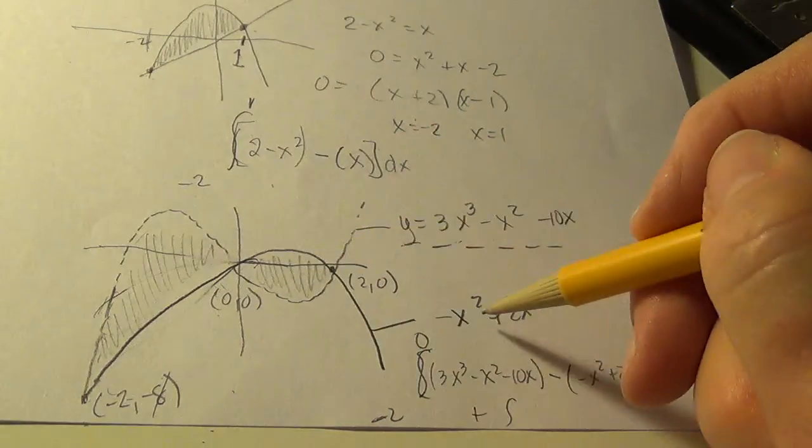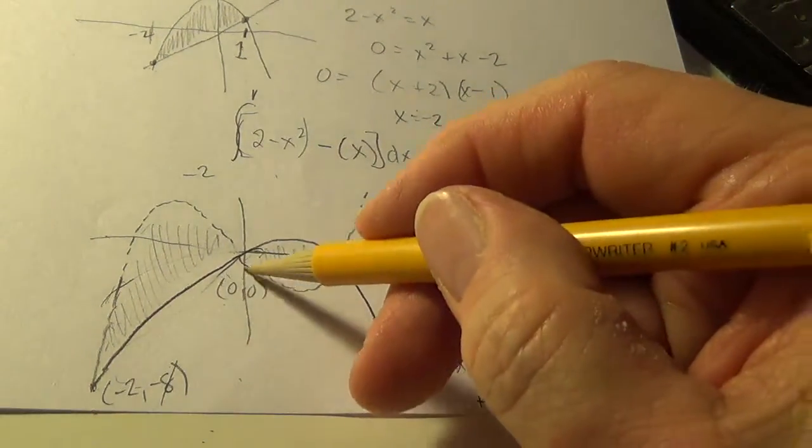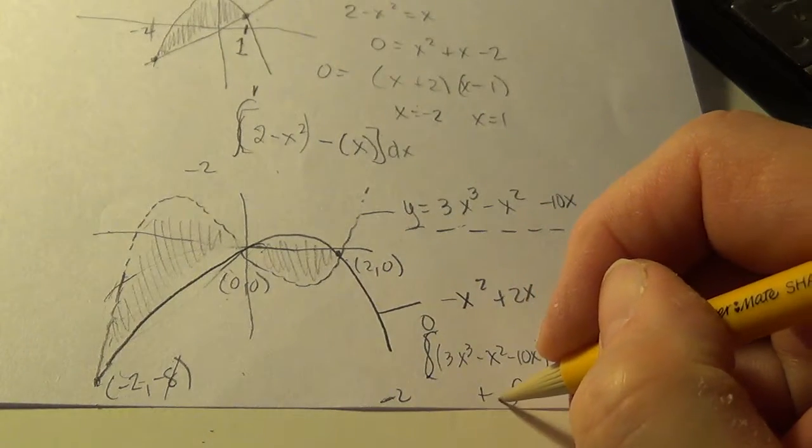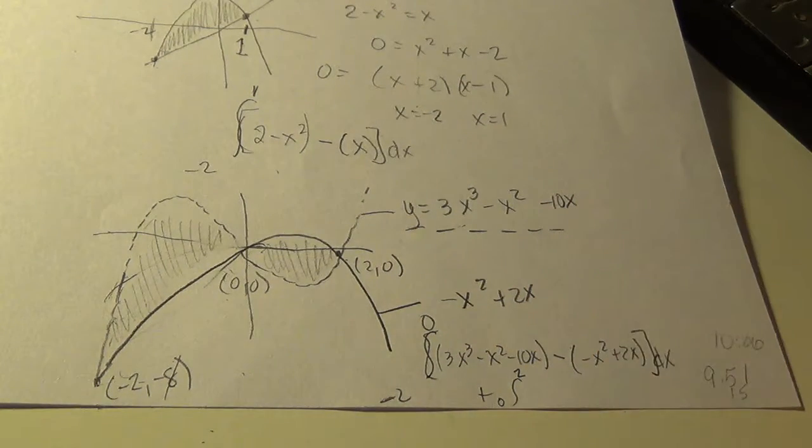Then you're going to add to that the integral, the area between these two curves. This time it goes from 0 to 2, running out of room here, but I think you can get the gist.